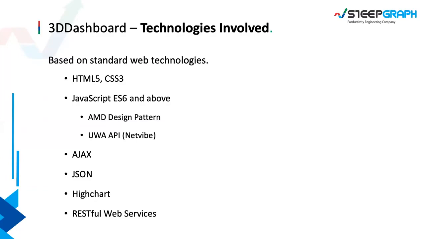Also, it uses the NetVibes UWA APIs, which is a Dassault product, and of course Ajax and JSON. JSON is used for the communication between your server-side component and your front-end component of the dashboard, to get the data from the different sources through the web service. JSON is also used, and HighCharts is used to design a variety of graphs.